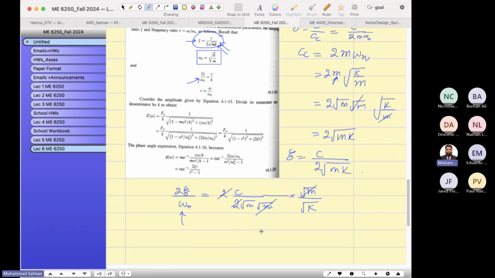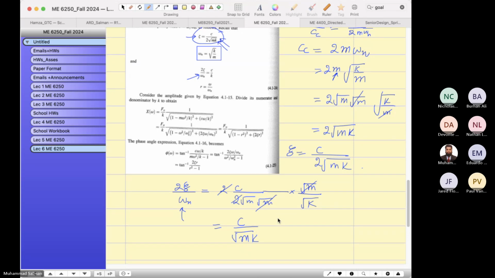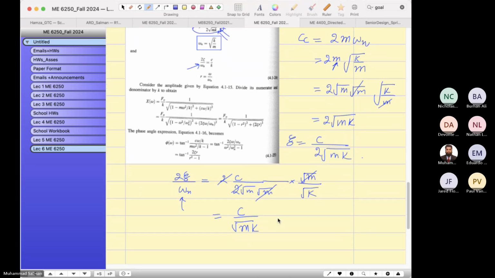Did I make a mistake here? Look, oh yeah, this is correct. I have to do this one more time. I think I forgot to divide by omega n. Let me redo this over here.